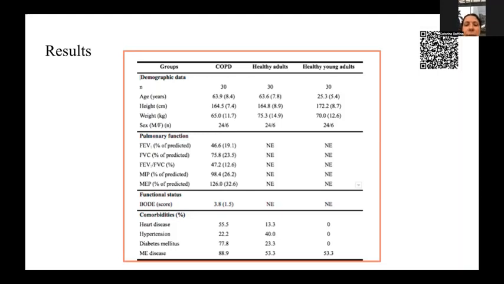We only assess respiratory features in the COPD group, and this can show that they have some impairment from poor to moderate, and it is important that these patients are clinically stable.